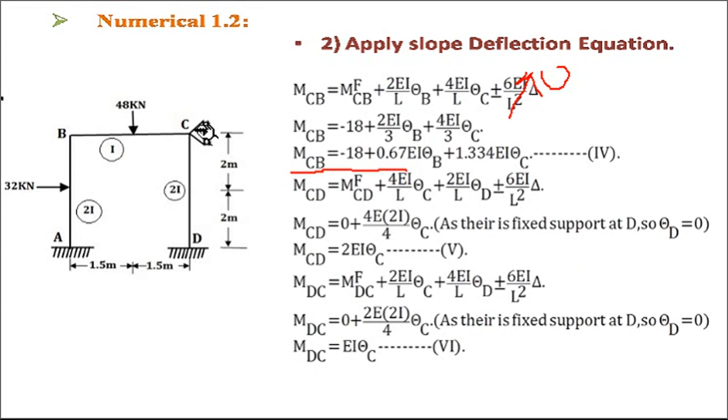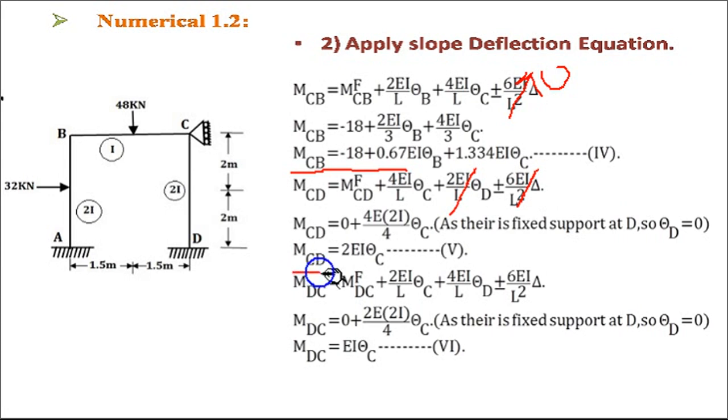Then we apply the slope and deflection equation for member CD. Here the fixed moment is 0 in case of CD as no load is acting. At D, the joint is subjected to a fixed support, so theta D will be equal to 0, and no sinking of support is given. It is a non-sway frame, so delta is 0.